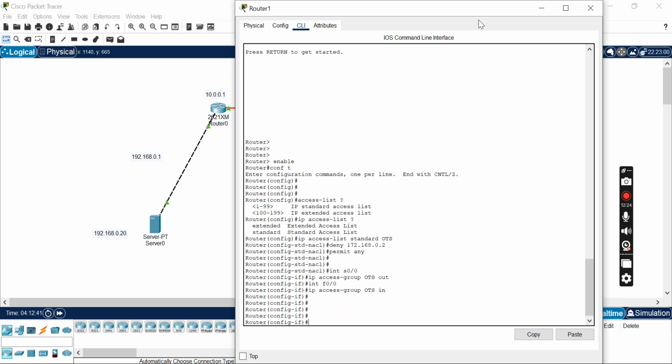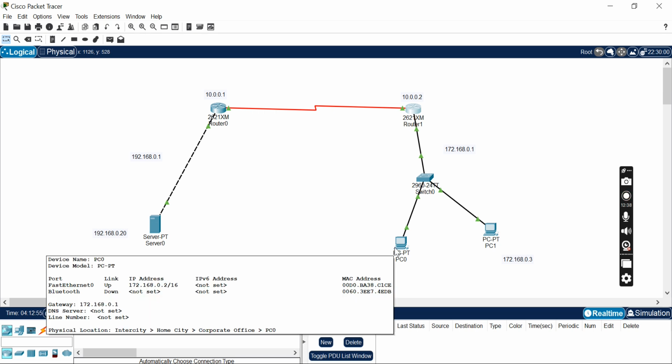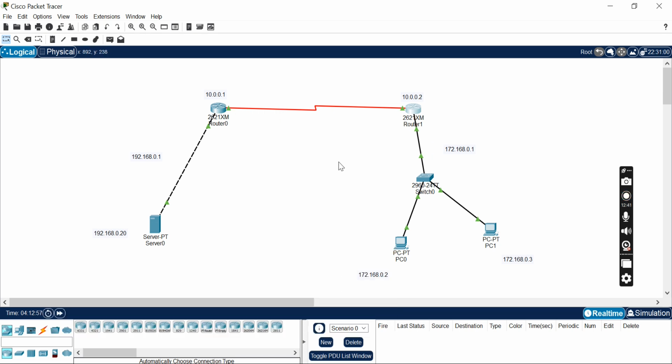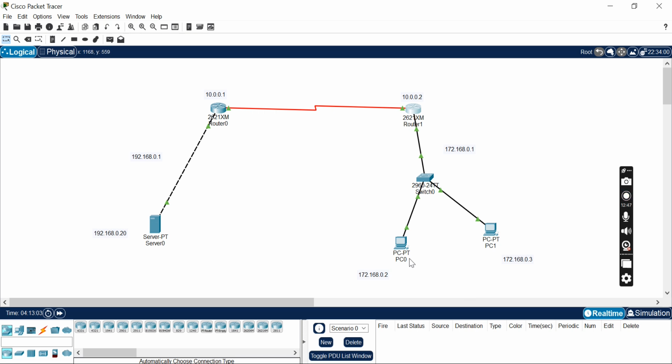So at this moment, if I am trying to go from this particular blocked network PC to communicate with my server, this communication must go 100% the outbound way, but I already blocked the outbound way. Okay, so the communication or data packet can't go through this outbound way.